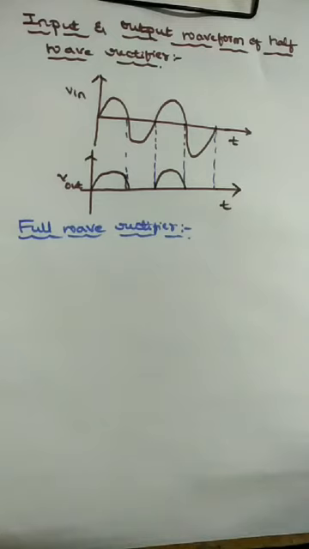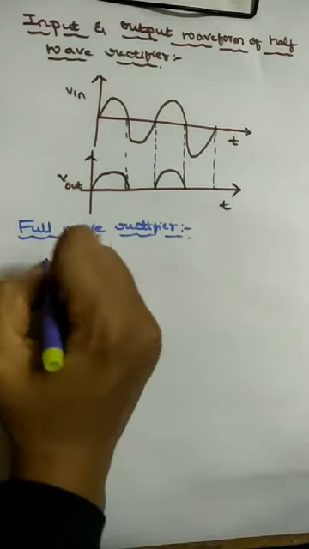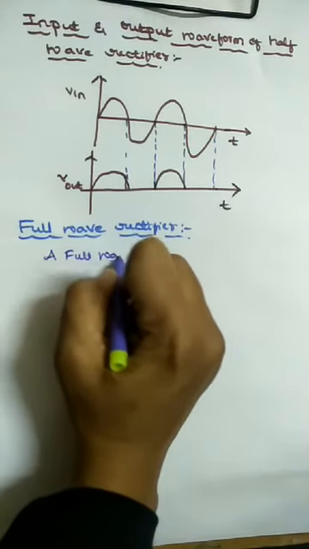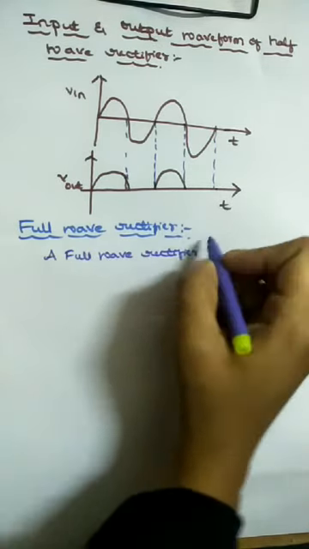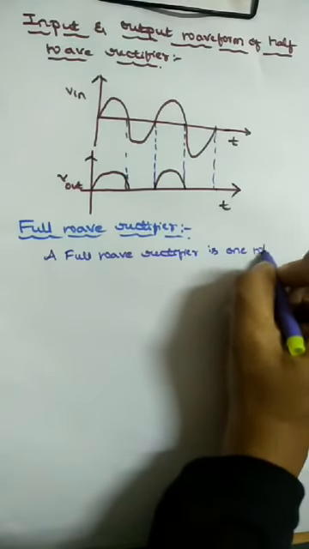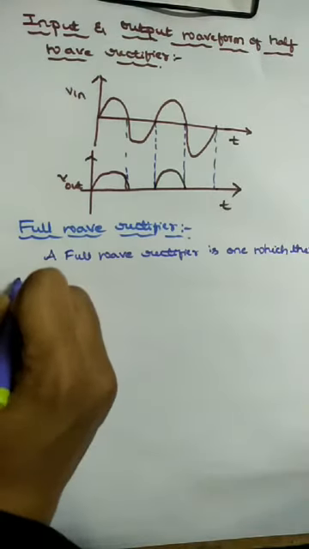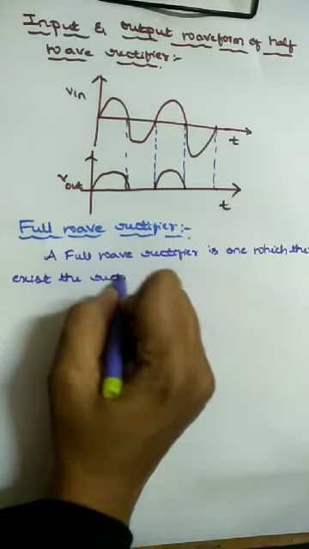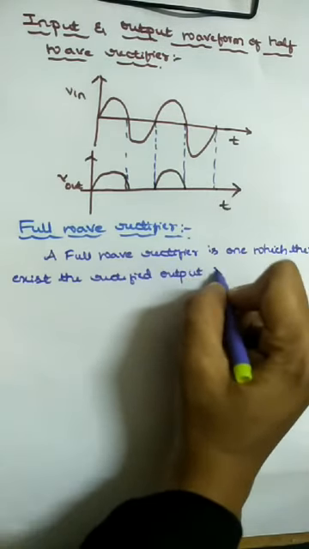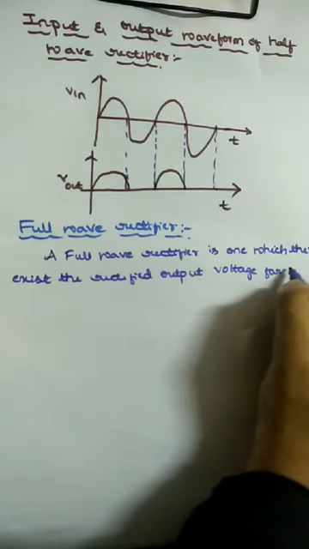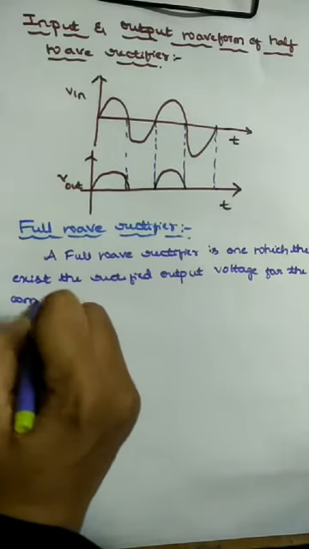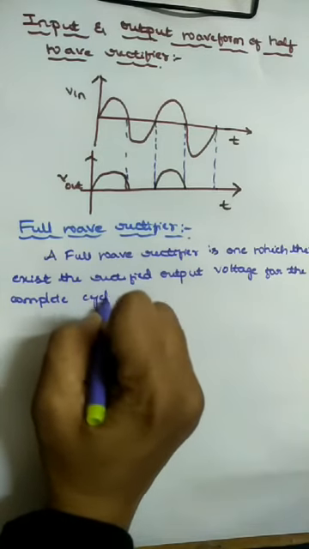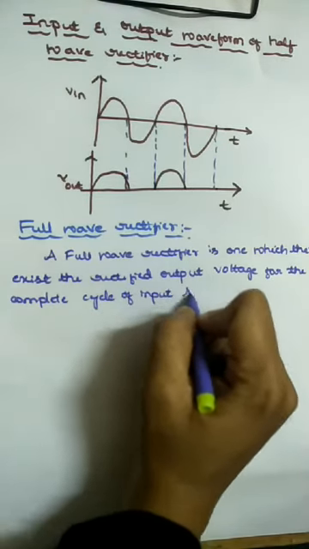A full wave rectifier is one in which there exists a rectified output voltage for the complete cycle of input AC.